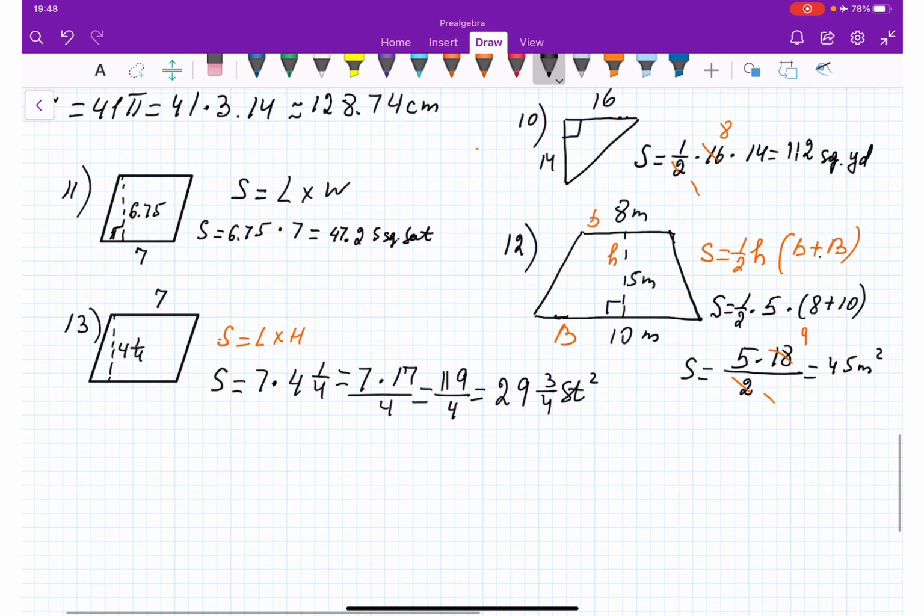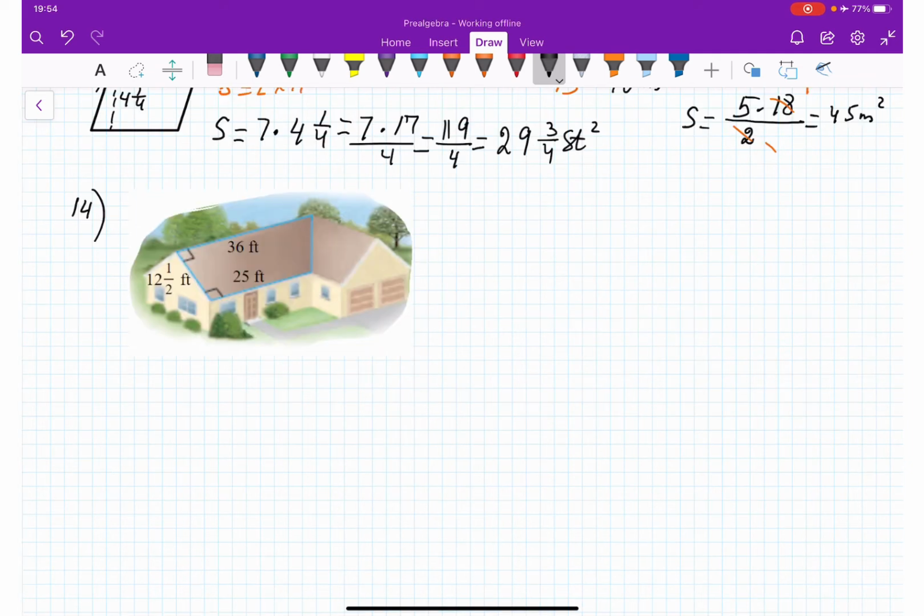Number 14. Okay, I copy-pasted the picture. We need to find practically the area of the outlined part of the roof, and round it to the nearest whole square foot.